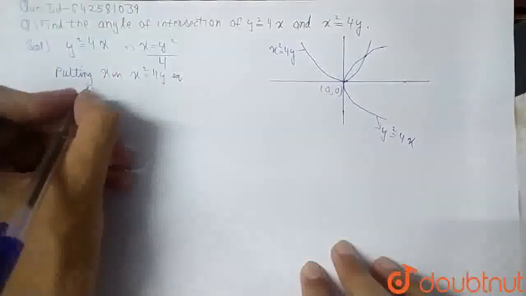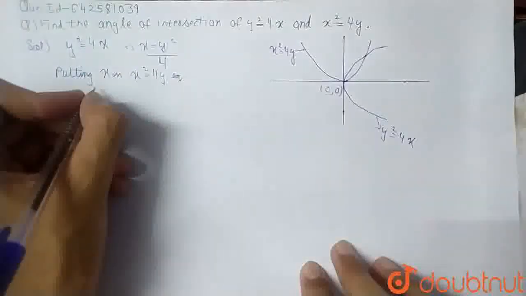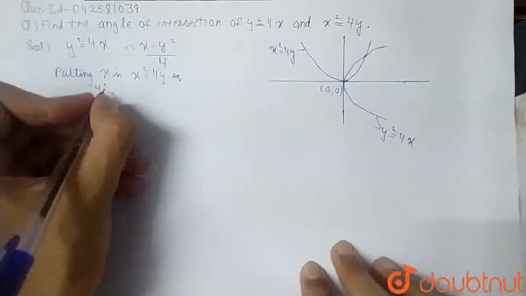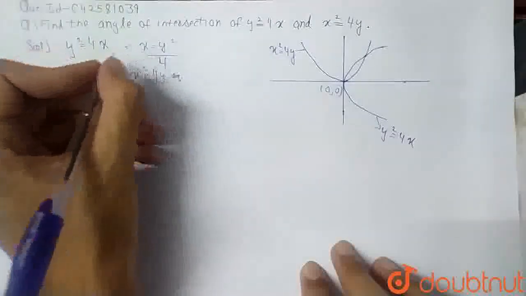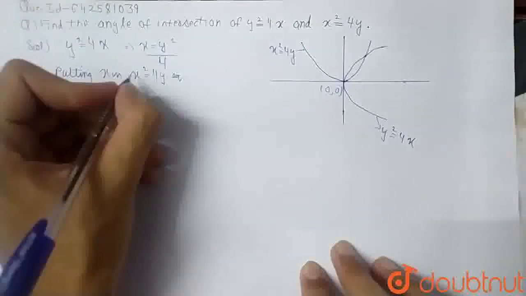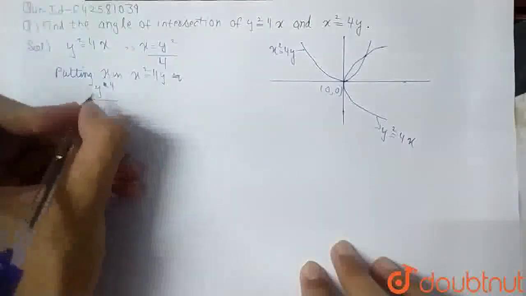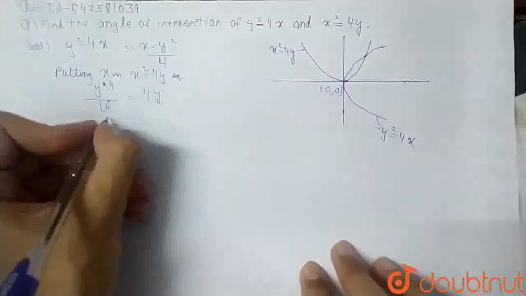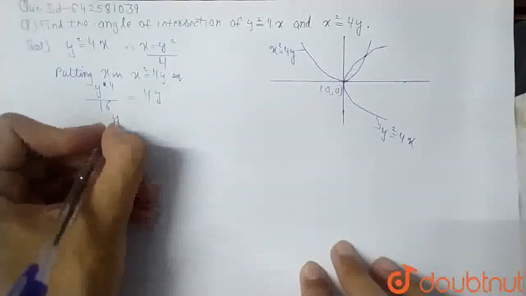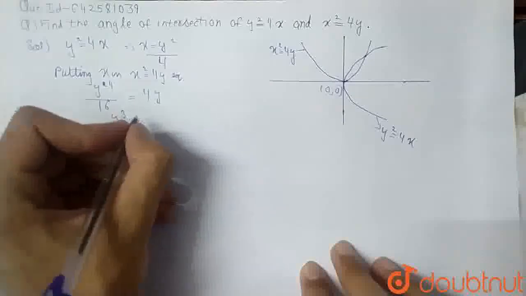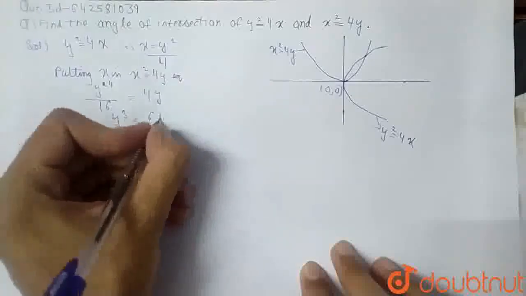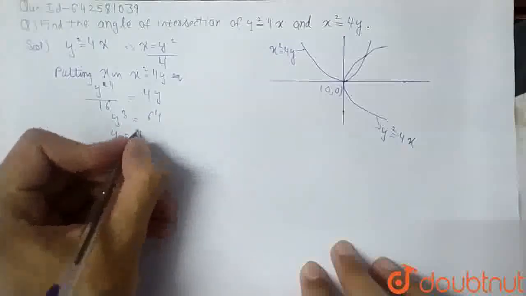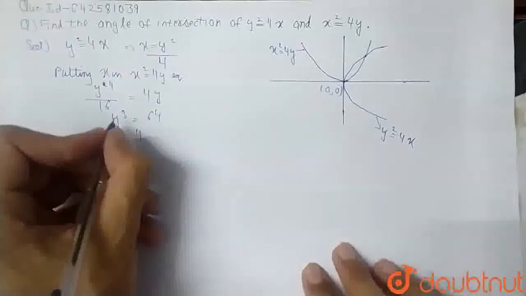In this equation, x is y square by 4, so x square is y to the power 4 divided by 16, equal to 4y. From here we have y cube is equal to 16 into 4, which is 64, so y is equal to the cube root of 64, which is 4.